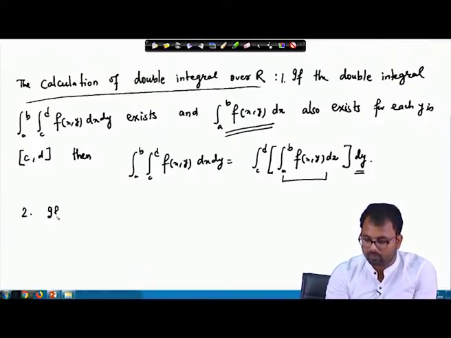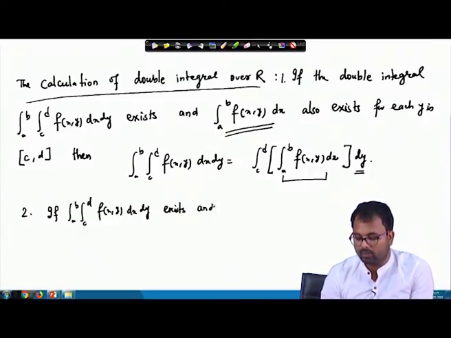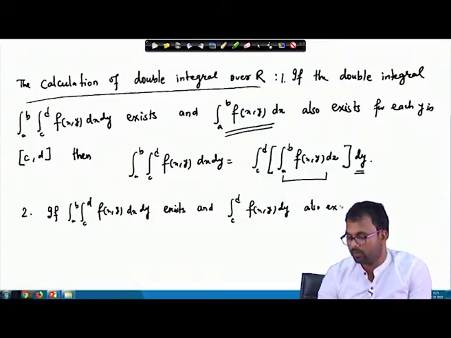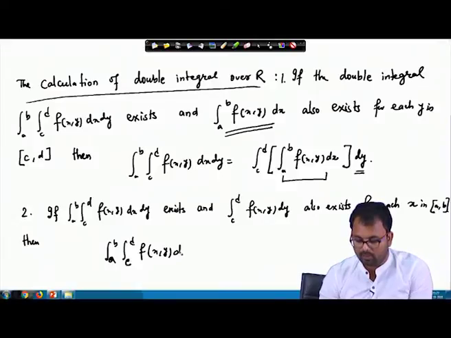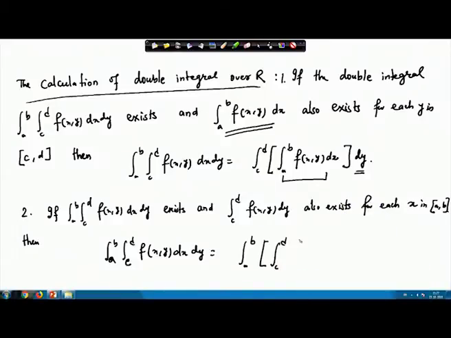Similarly, all these lines would be the same. If the double integral from a to b, c to d exists, and the integral from c to d of f(x, y) dy also exists for each x in the closed interval [a, b], then we can write the integral from a to b, integral from c to d, f(x, y) dx dy as the integral from a to b of the integral from c to d of f(x, y) first dy and then dx.